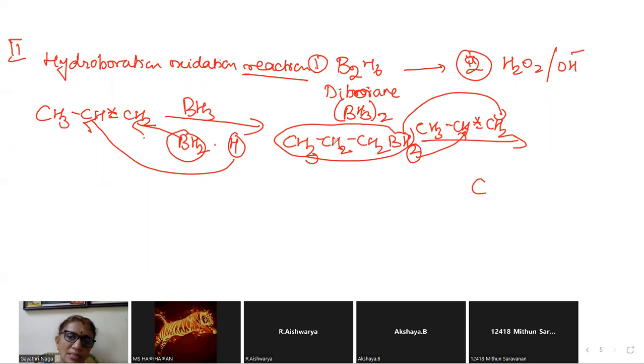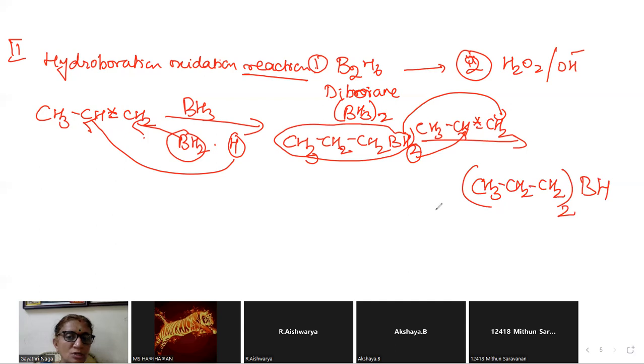So when the hydrogen reduces, the alkyl part increases. CH3, CH2, CH2, twice, B, H. See, in this step, 3 hydrogens were there. One got substituted by an alkyl group. So we got BH2. You removed one more H, and the alkyl part doubled.